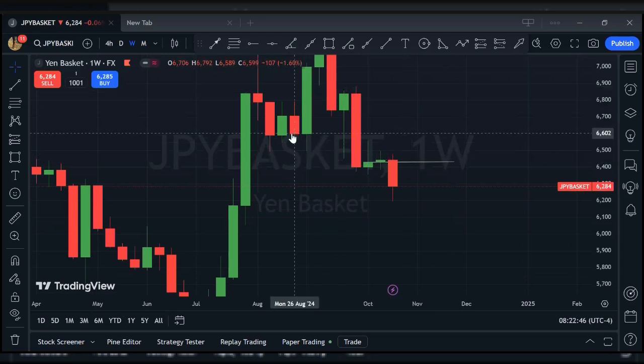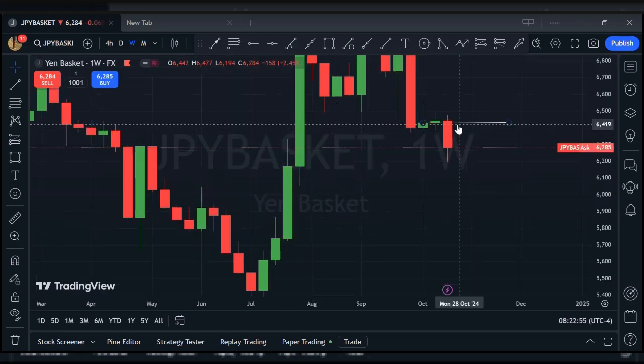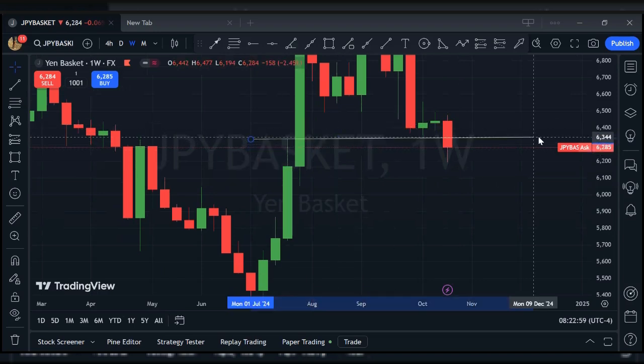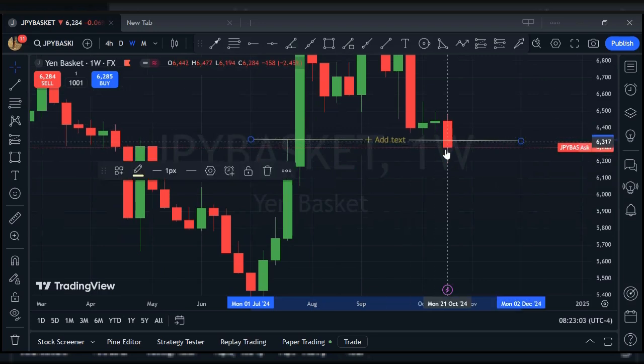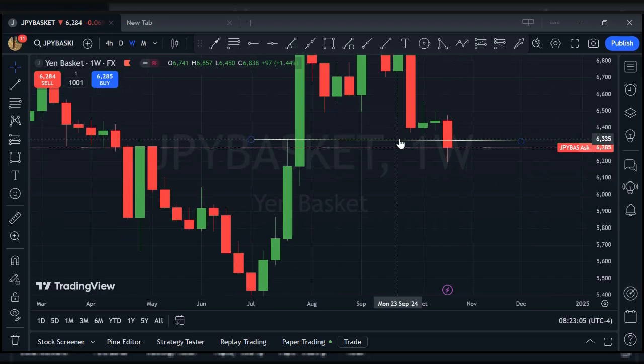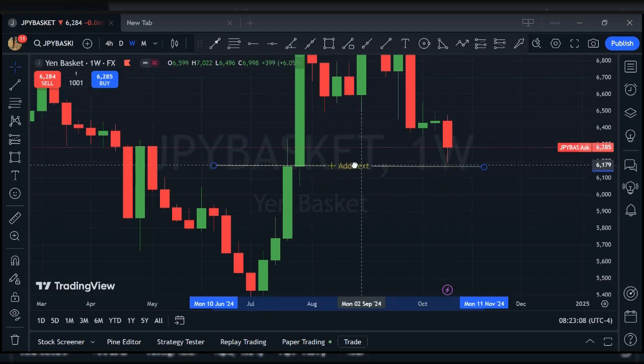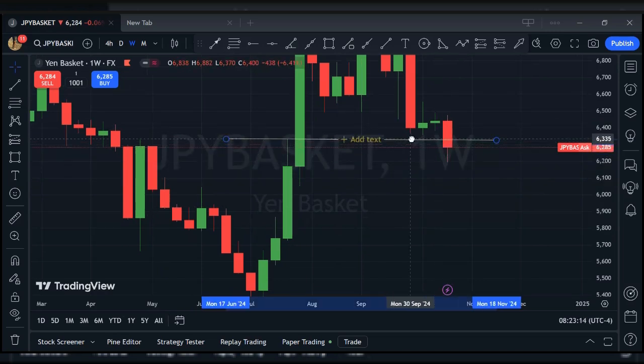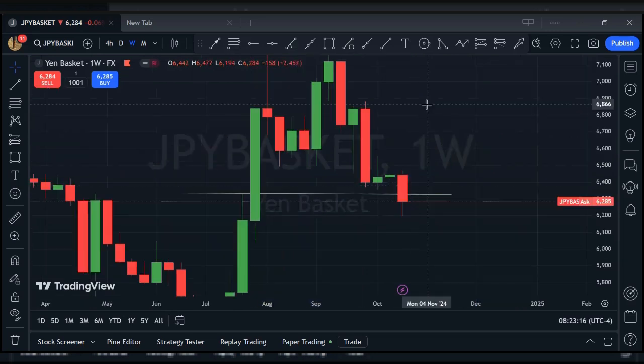You have these lows, they haven't been tested yet, and you have this point from here all the way to here. Now, you also had this candle here, or rather this imbalance, which price has actually closed below. It didn't retest this zone properly, but where it closed, it's very fine with me. I wanted to see price try to tap in there, and then maybe we can get some rejection.